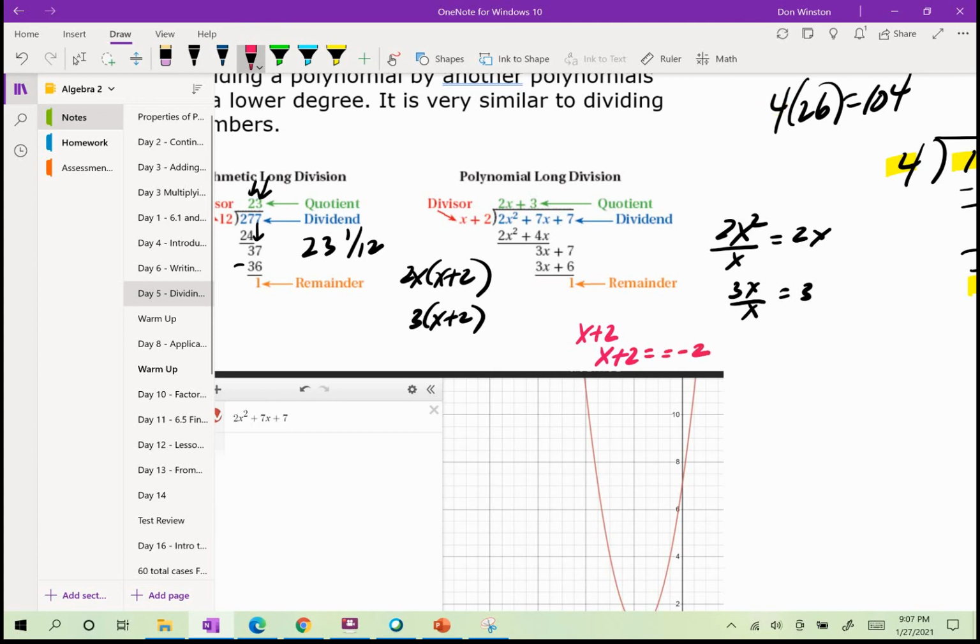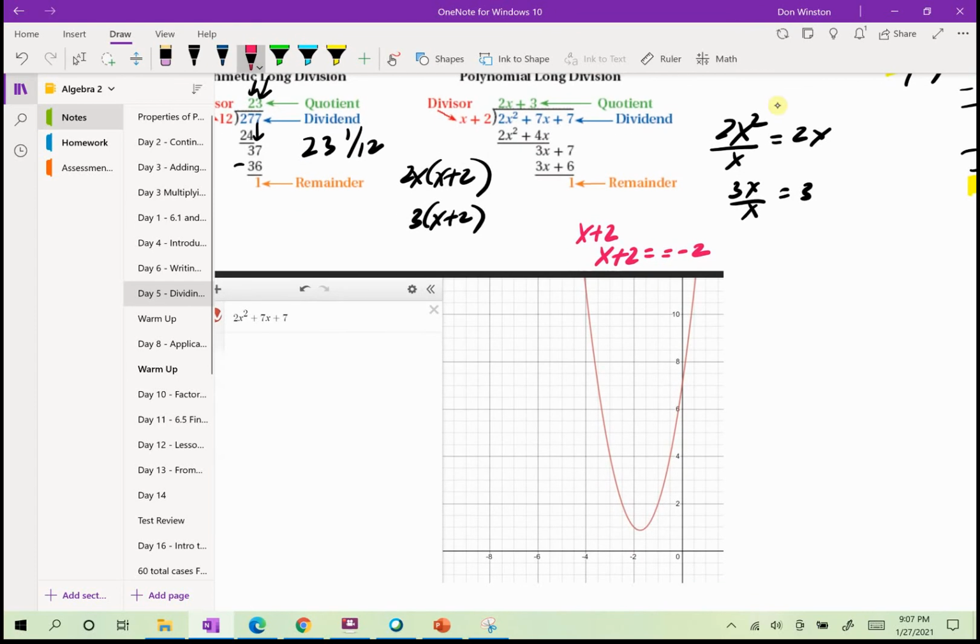So we would have said that the 0, negative 2, was a 0 of 2x squared plus 7x plus 7. When I graph that, though, you see I don't have a 0 of negative 2. I'll explain that a little more. But x plus 2 would not be a factor of 2x squared plus 7x plus 7.